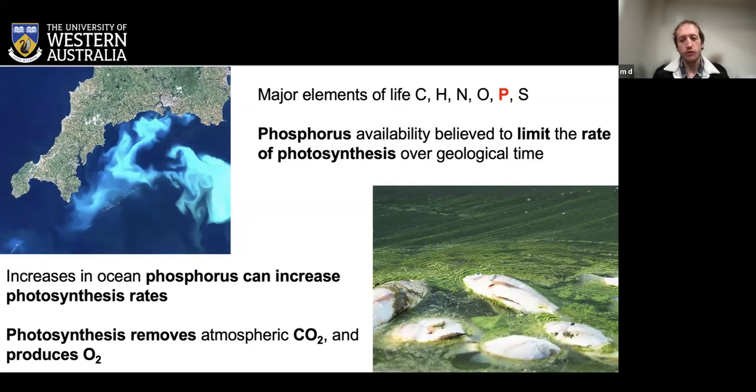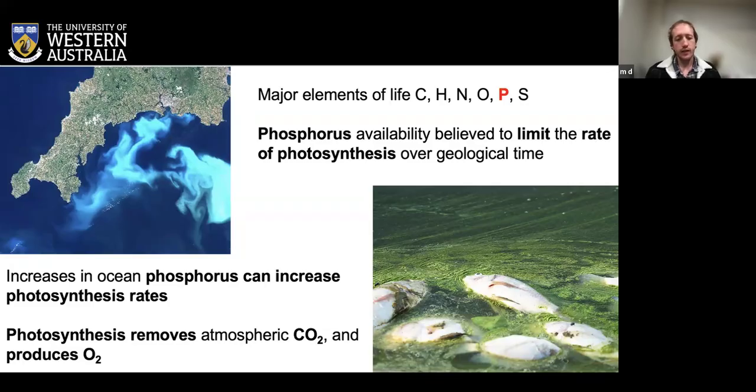So if you have too much phosphorus, then we get the well-known phenomenon of eutrophication, where we have excess phosphorus loading, which results in algal blooms or lots and lots of primary production, which then consumes oxygen in the water column as that primary production undergoes respiration and consumes all the oxygen, which is not good for the fish or whatever animals or oxygen-dependent life forms are in that water body.